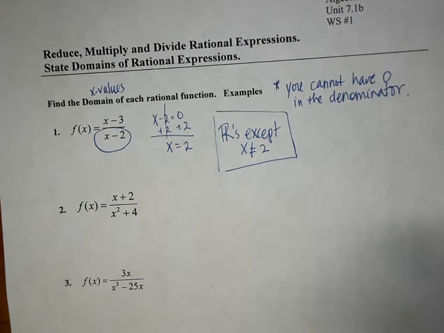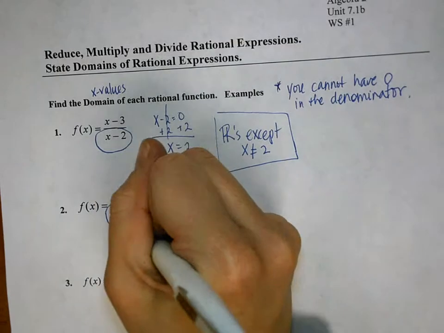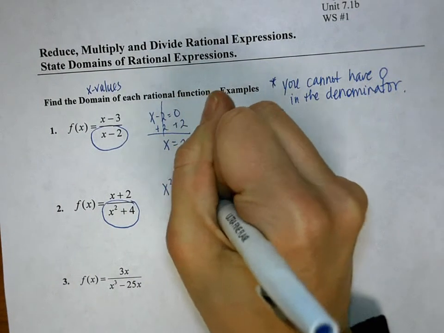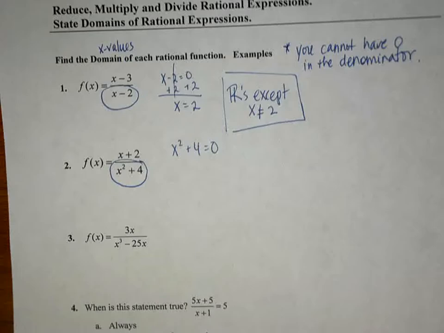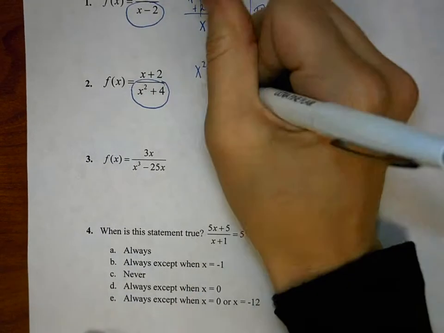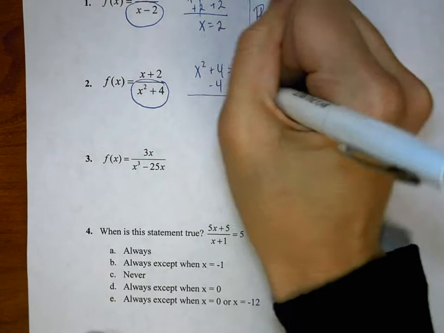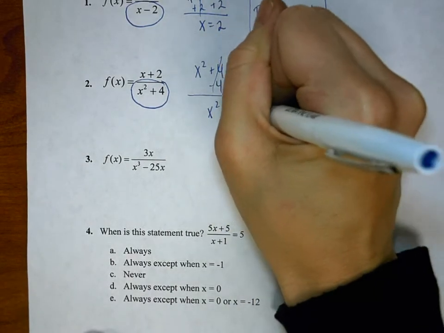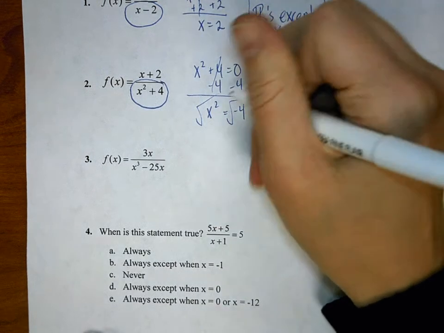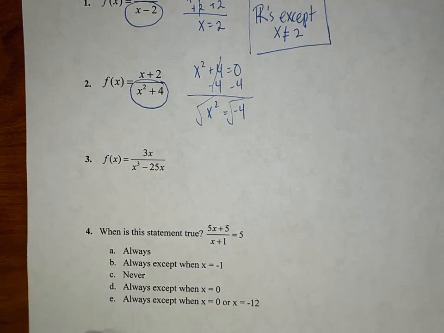On example 2, same thing. You can just set your denominator equal to 0. So if we go x squared plus 4 equals 0, and then if I subtract 4 from both sides, I have x squared equals negative 4, and if I take the square root, can I take a square root of a negative 4 and get a real number?